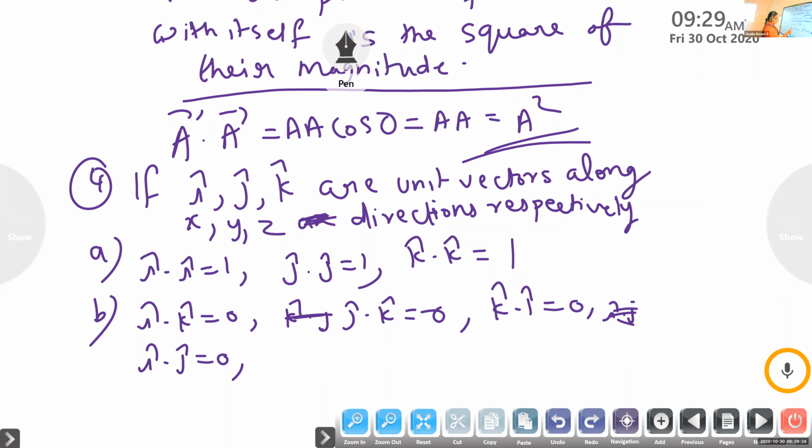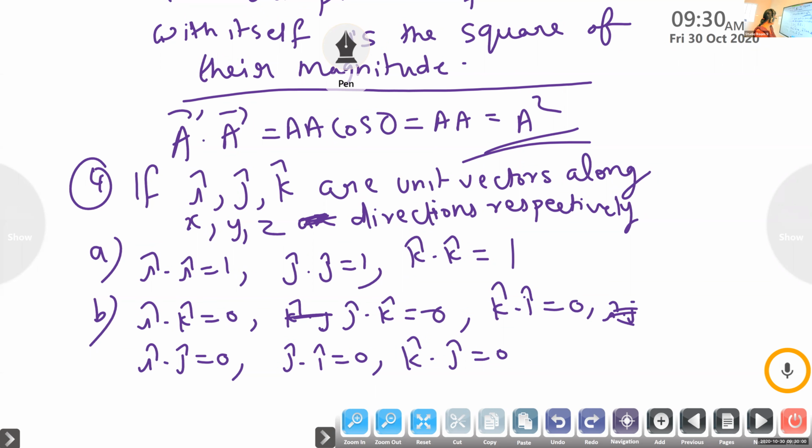I dot k, j dot k, k dot i. Next is j dot i. J dot i is equal to 0. K dot j is equal to 0. I dot k we have written, i dot j is written. The opposite we have written. K dot i also written, k dot j also written, j dot k also written. Anything missed out? All that is there.